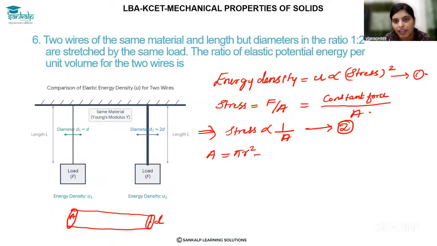R is equal to d by 2, so it is pi into d by 2 the whole square, which is equal to pi d square by 4.